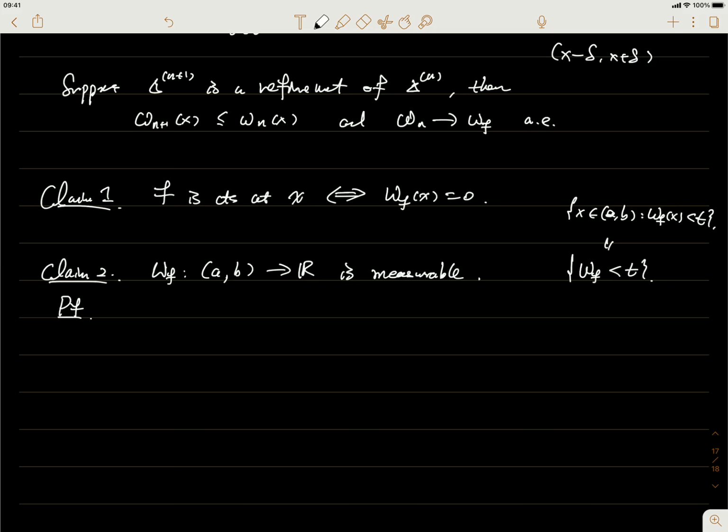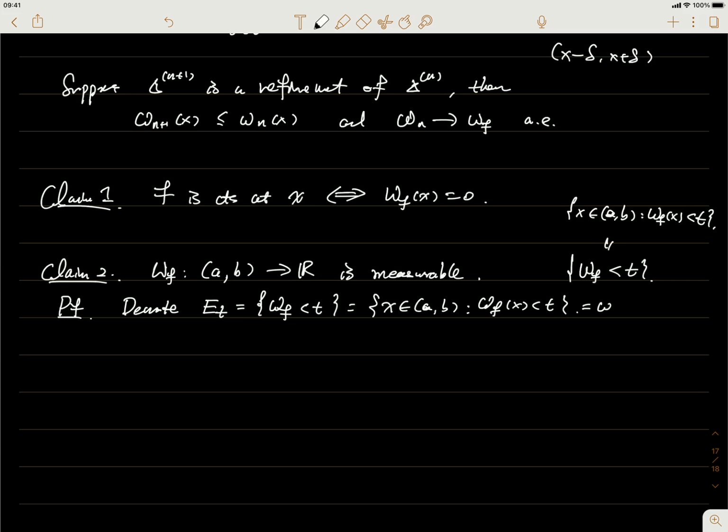All right, so how to show this? Let's denote E_t to be this set. We have different ways to write it: the full statement is all the points in the interval (a, b) such that the omega f of x is less than t.